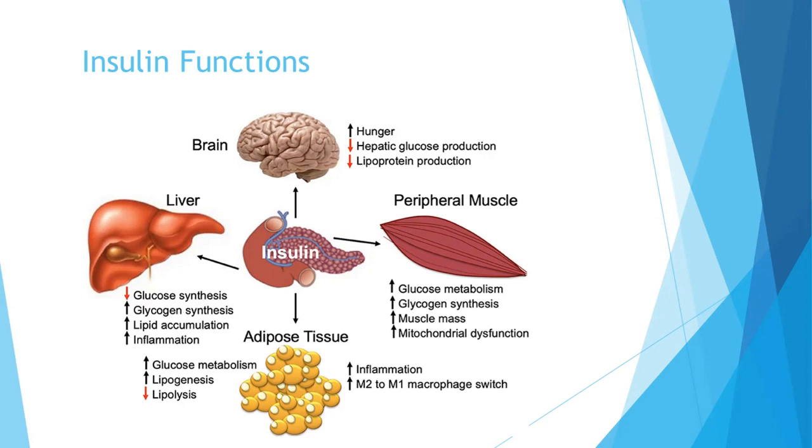It acts on the peripheral muscle, where it increases glucose metabolism, glycogen synthesis, muscle mass, and mitochondrial dysfunction. So whenever there is decreased insulin, or whenever insulin cannot act on the peripheral muscle due to insulin resistance, there is decreased glucose metabolism because of decreased glucose uptake, which will lead to increased blood glucose levels.